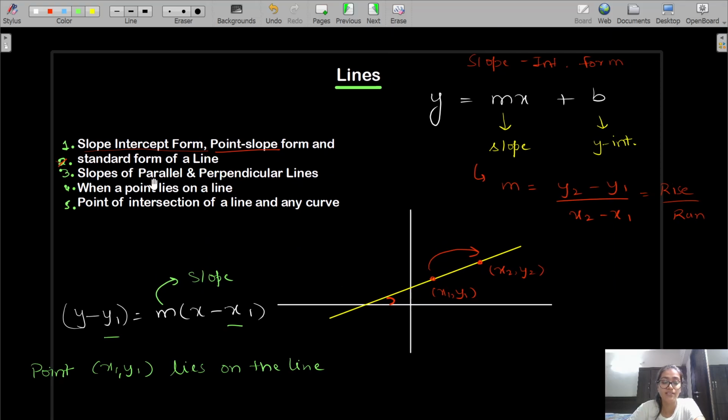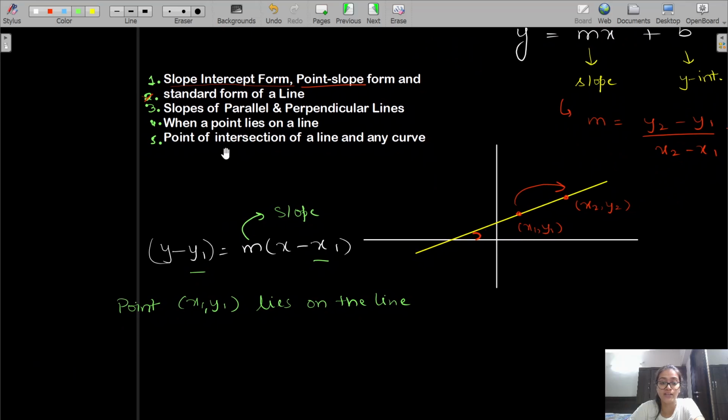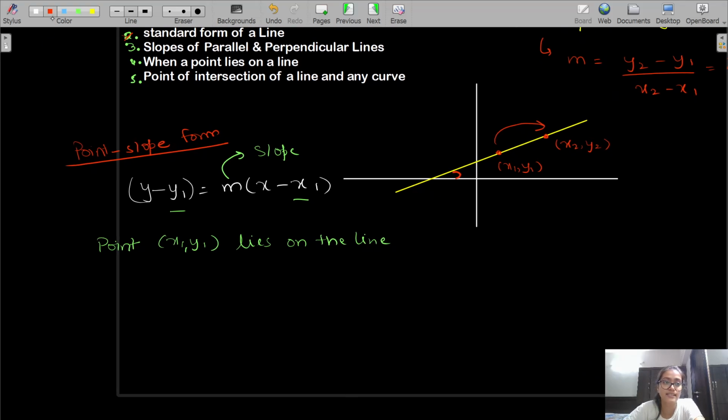Then finally, we have the standard form of a line, which is the least useful.